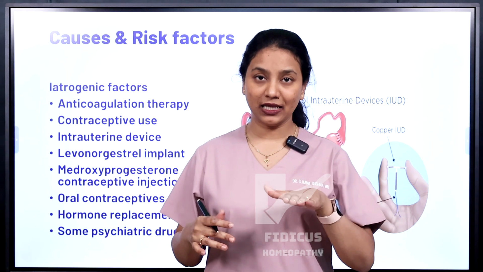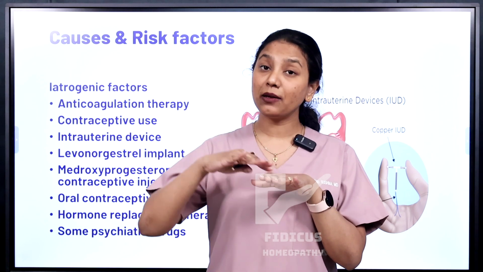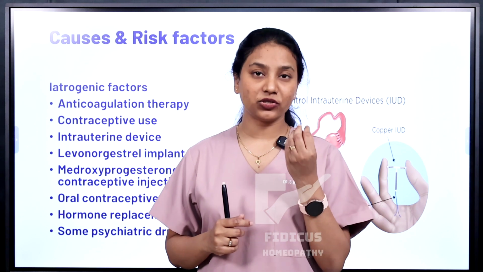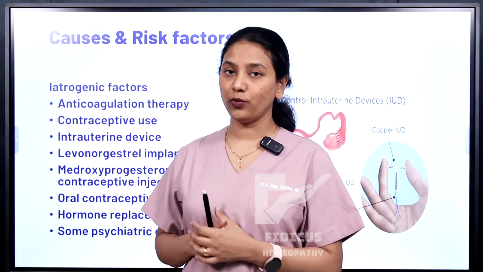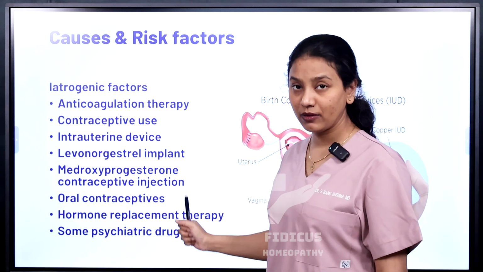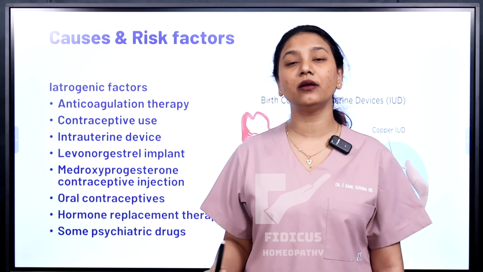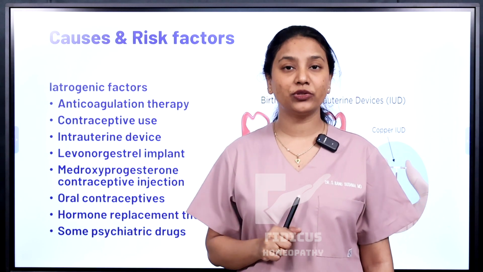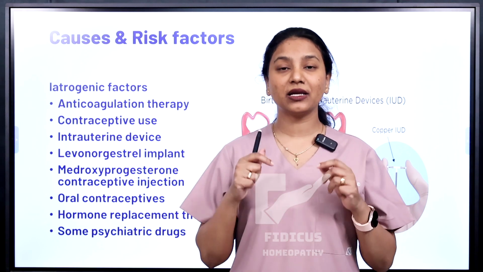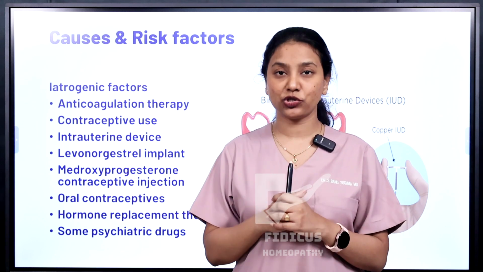You can be absolutely healthy, but after using contraceptive pills or contraceptive devices, an abnormality occurs; that is called an iatrogenic occurrence, or iatrogenic factor, for AUB. Also, if you're using any sort of hormone replacement therapy, or some psychiatric drugs, these can trigger abnormal uterine bleeding. If you're suffering from anxiety or panic attacks, certain medications can trigger abnormal bleeding or cause prolonged bleeding in a certain section of people.